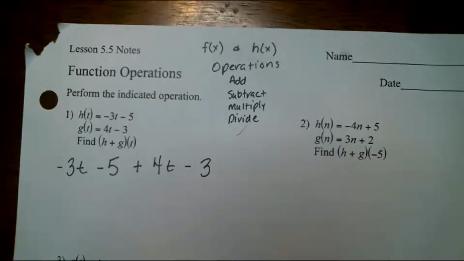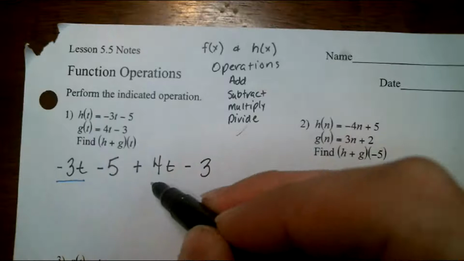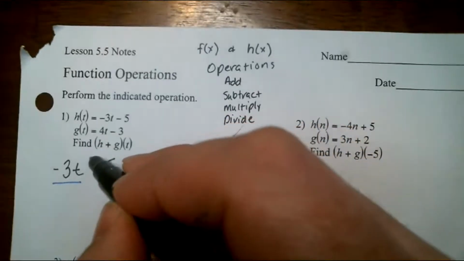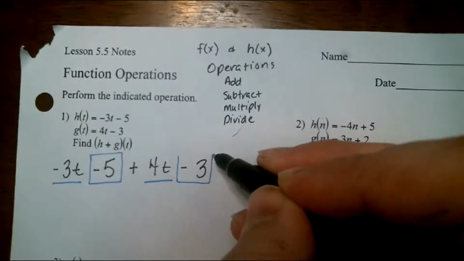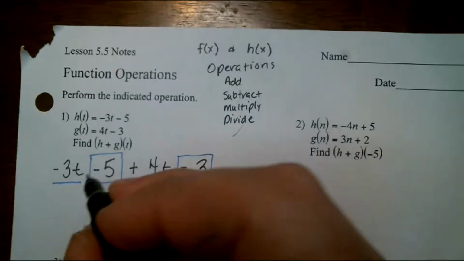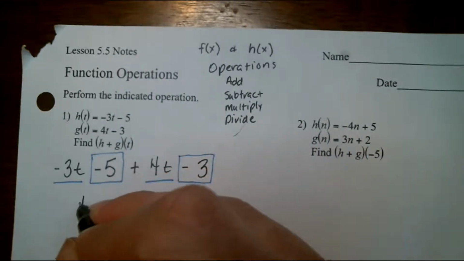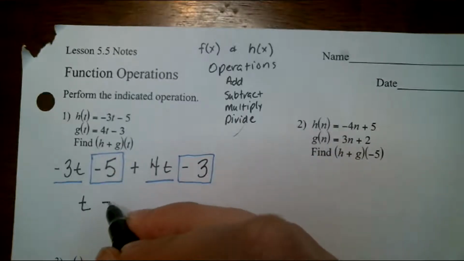And then we just combine like terms. Negative 3t plus 4t is t. Negative 5 minus 3 is negative 8.